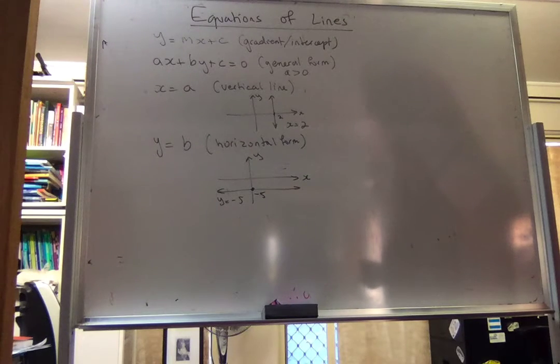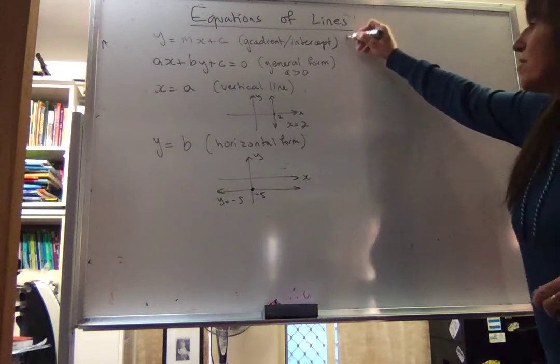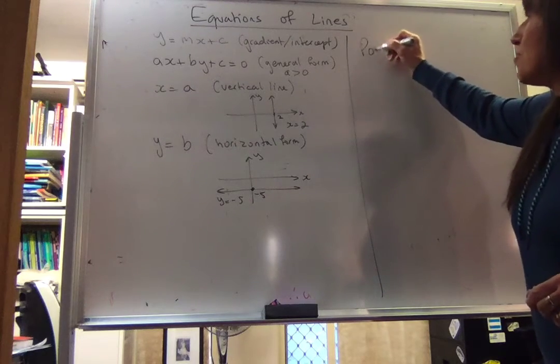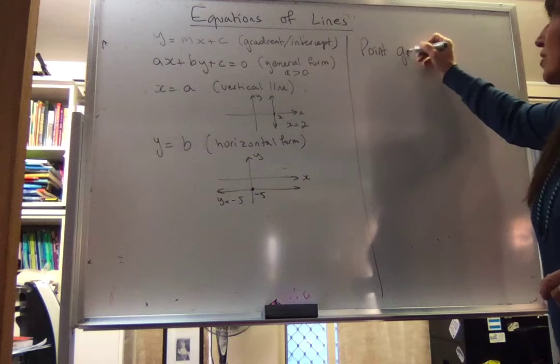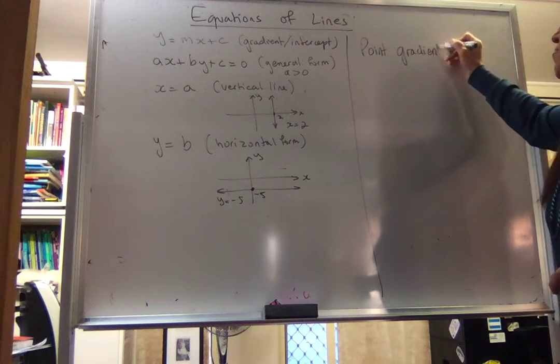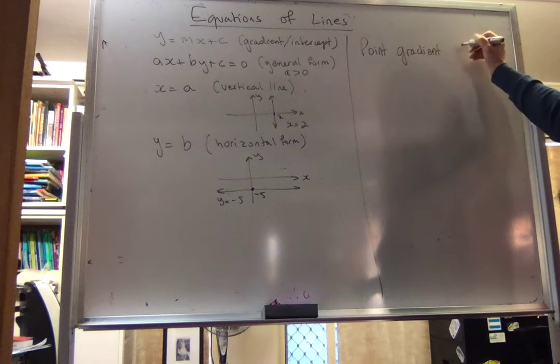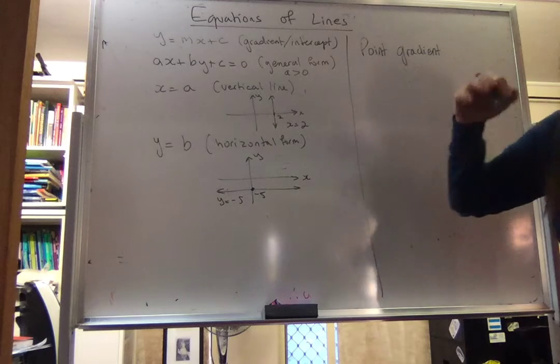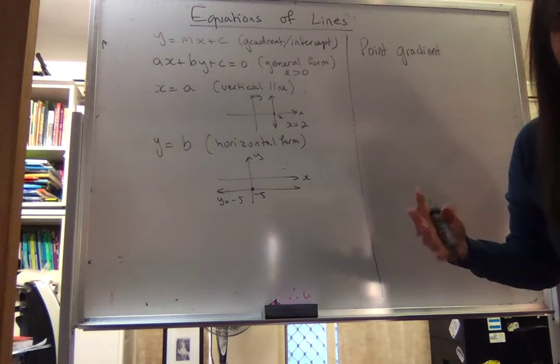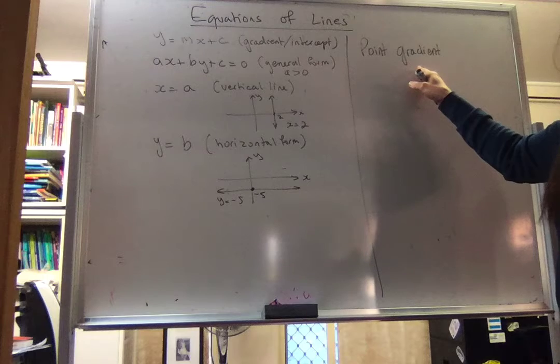Okay, now all of those are going to be used next, but there's one other form that is really, really important, and you will use it throughout the HSC, right? Something that we call the point gradient form. I can't emphasize enough how important this formula is.